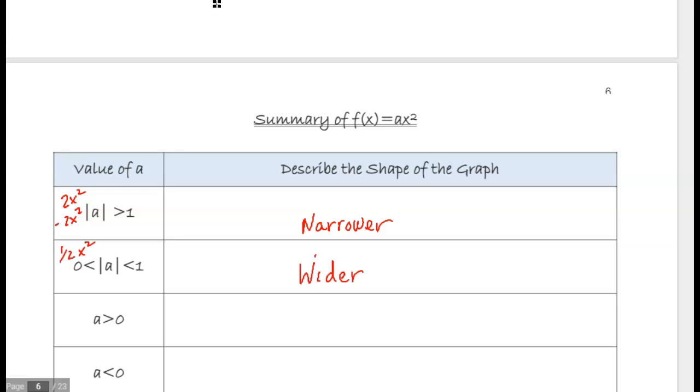Okay, and then down here, when a is greater than 0, so if we think about something simple like this, a is greater than 0, then it is a regular u. But then if we are less than 0, so like if we did a negative 2x or any negative number, it's going to be upside down.